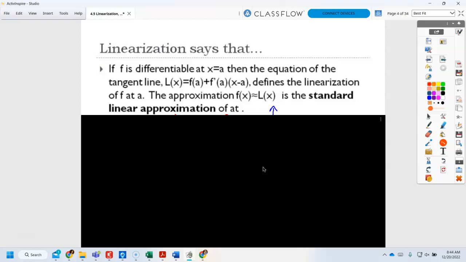Instead of being y equals, we're going to call it L of x, where L of x represents the linear approximation at point x using point a. So point a is going to be a nice point on the function. We're going to use it to find a not so nice point.